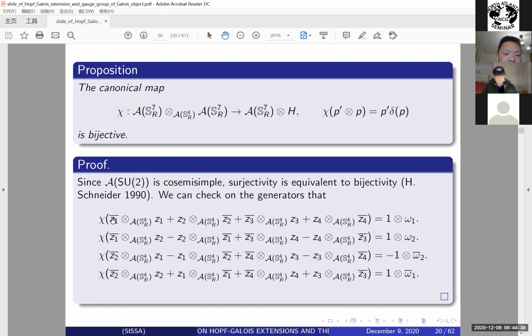For example, chi of z1 bar tensor z1 plus z2 tensor z2 bar, plus also for z3 and z4, is equal to 1 tensor omega 1. So each generator omega 1, omega 2, omega 1 bar, omega 2 bar has a pre-image. So we can see this canonical map is surjective, and also we know this is bijective since the Hopf algebra is cosemisimple.